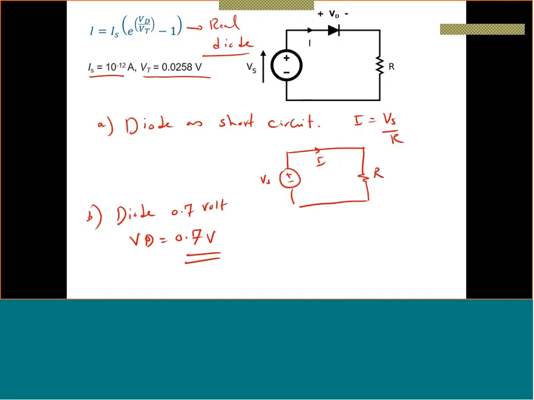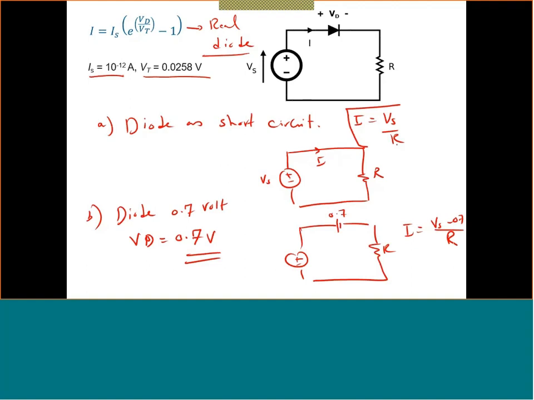So if this is the case, this is your diode, and you'll have here 0.7 volt and R. In this case, your I is equal to Vs minus 0.7 divided by R. So these are the two models of the ideal diode.